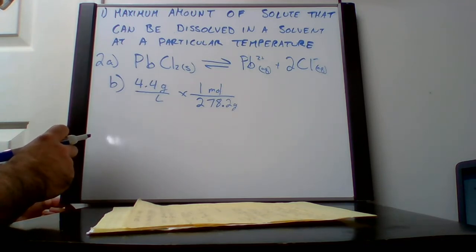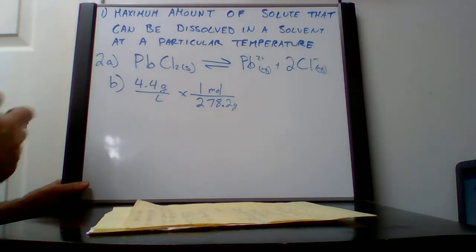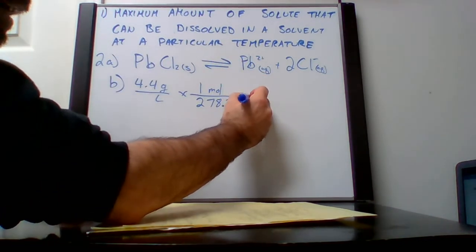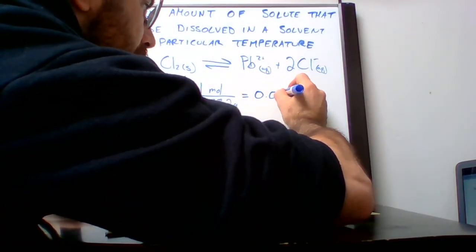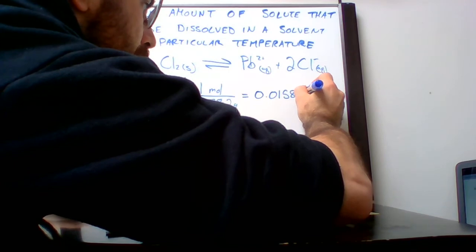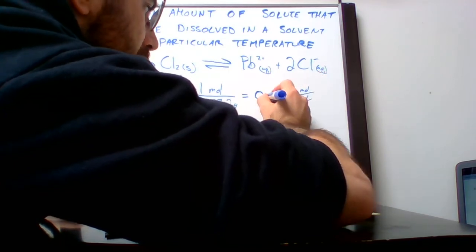All right, so back to this calculation. Now we're just at 4.4 divided by 278.2, and this equals 0.0158 moles per liter.